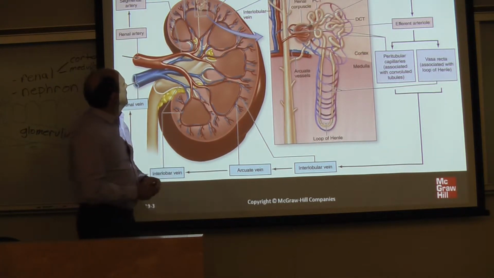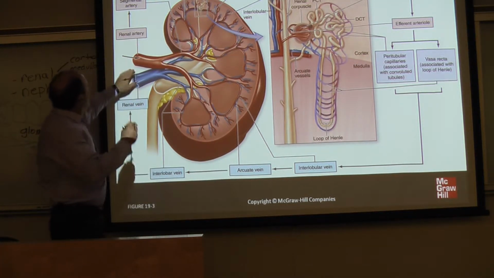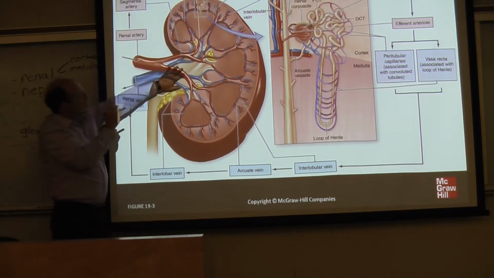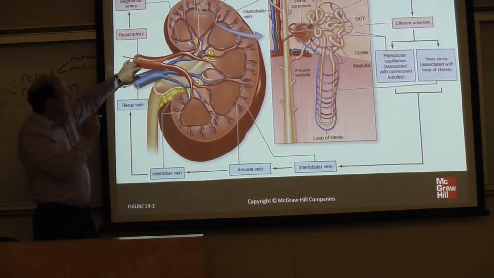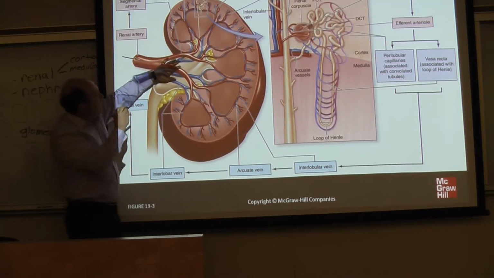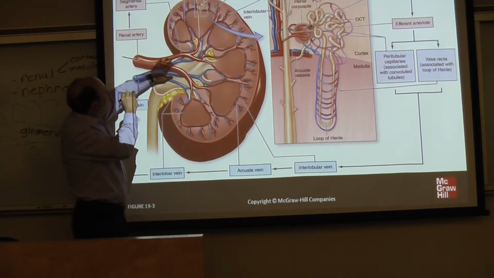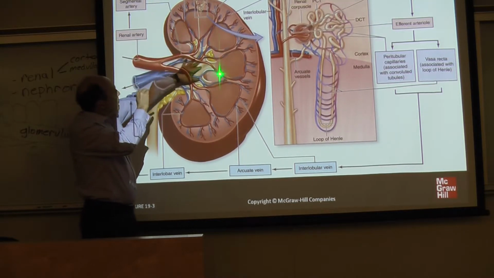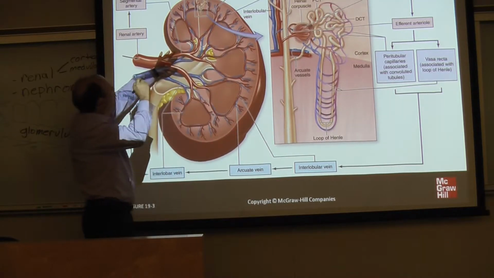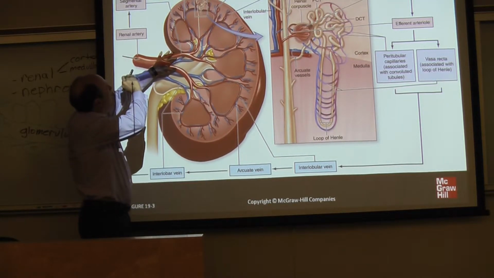And they have a whole bunch of names for this stuff. But you're going to have the renal artery, right, which is the big artery going into the kidney. It goes in at this dimple here, which is the hilum. And these arteries, they typically segment out, and they're getting smaller as they branch off, of course. So they have a bunch of names for them.